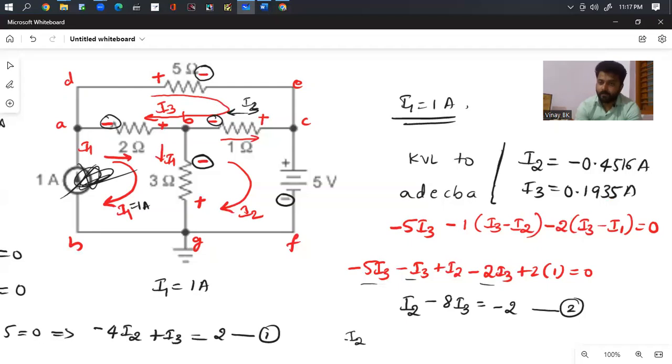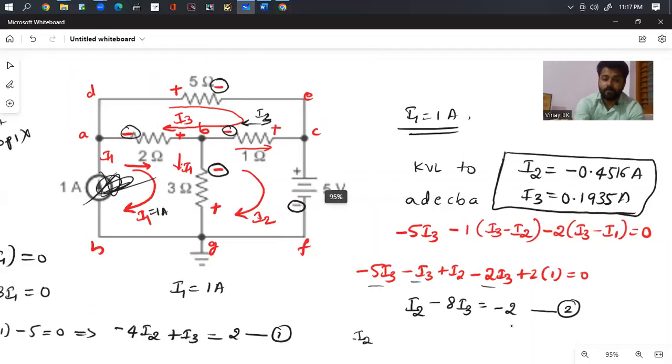These are the branch currents, or else the loop currents. Similarly, you can find the branch currents, that is I1 minus I2, I1 minus I3, I2 minus I3, just by substituting these values.